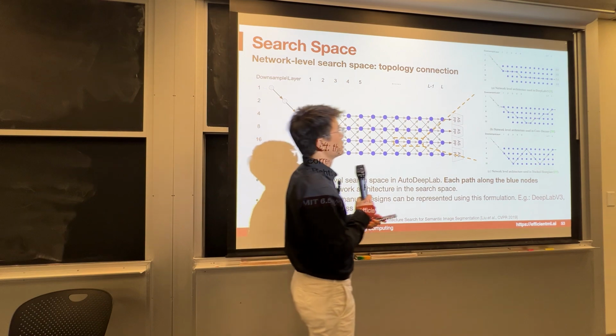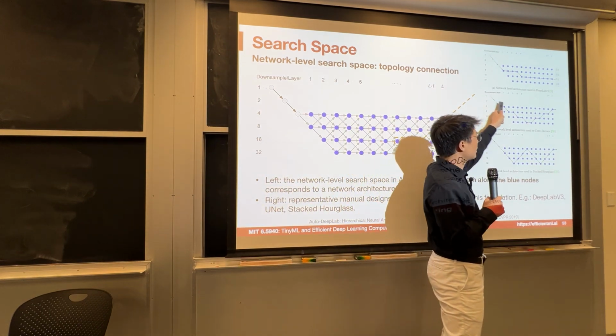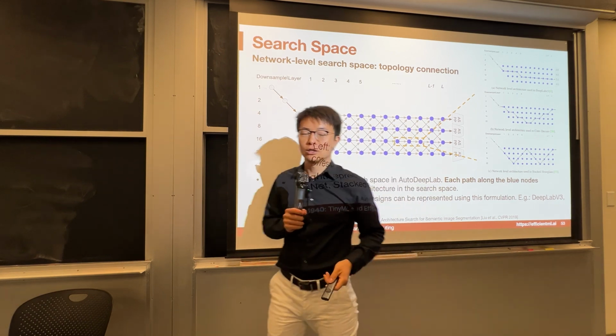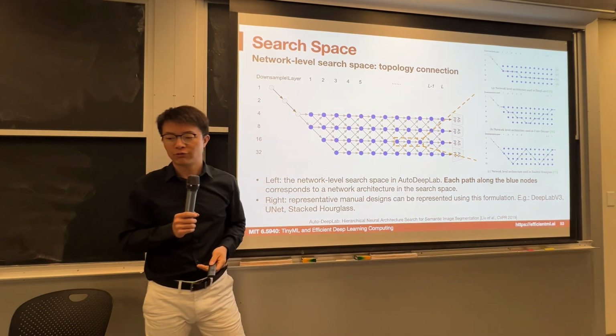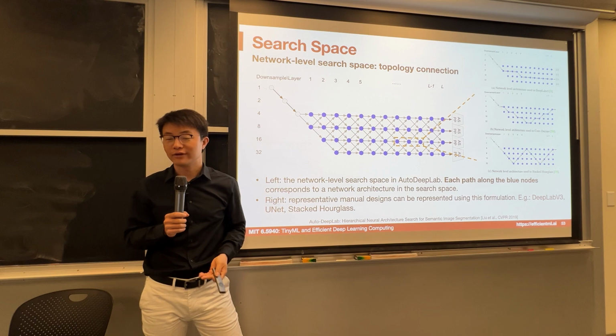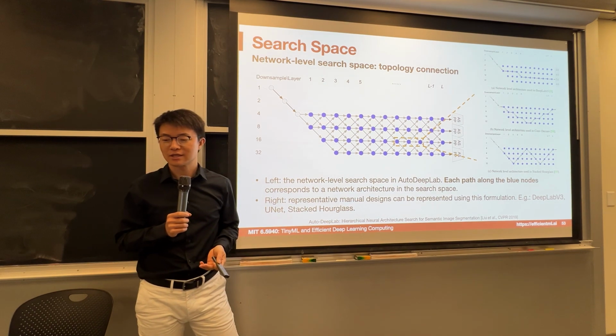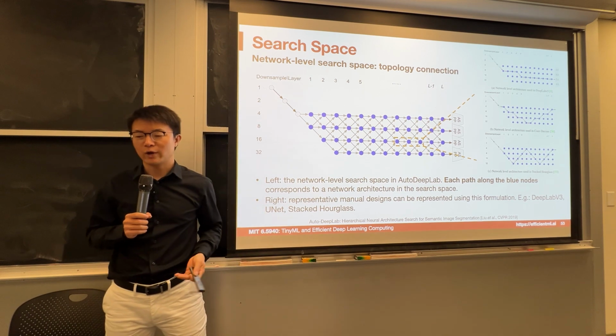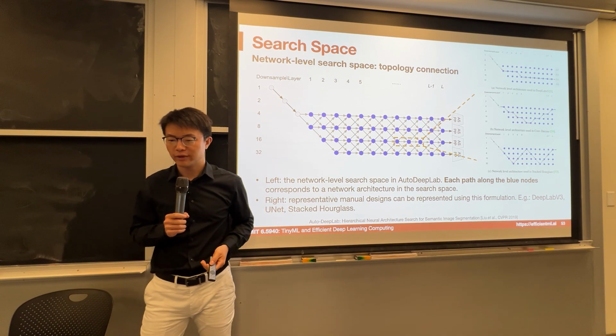One approach is basically you downsample and upsample. This is probably the most natural way. You go from 224 by 224, and then 112 by 112, and then 56 by 56, and 28, and then 14, and then 7, and then you upscale it in the same way. That's probably the most natural way.